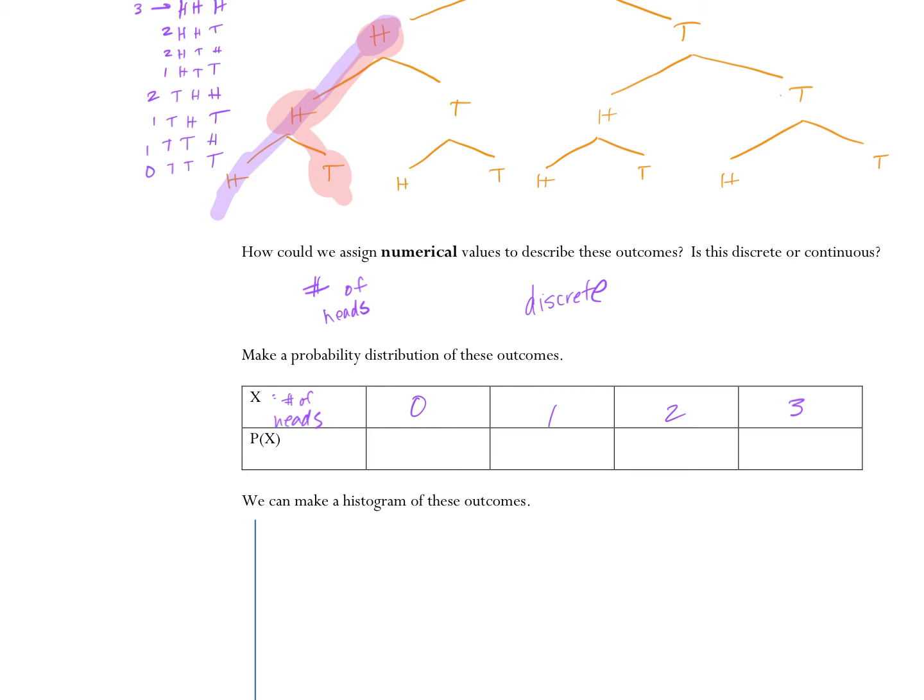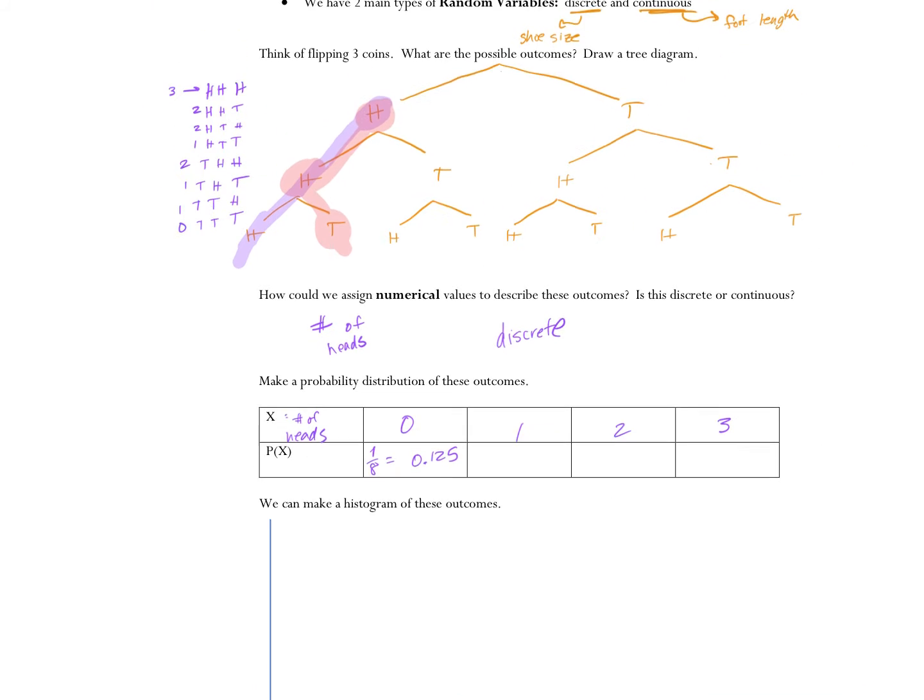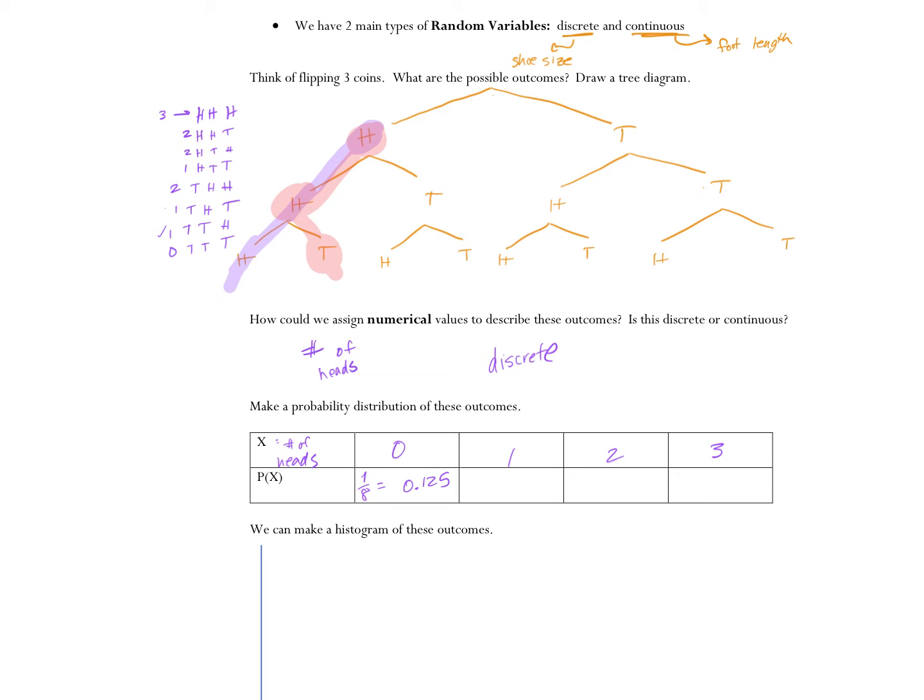And if I asked you, what's the probability that none of the coins come up heads, you would say 1/8. And if you don't mind, I'm going to write that as 0.125 just because I like to keep everything nice. Are we comfortable with that idea? What's the probability I get 1 head? Well, that happened 3 of the 8 times.